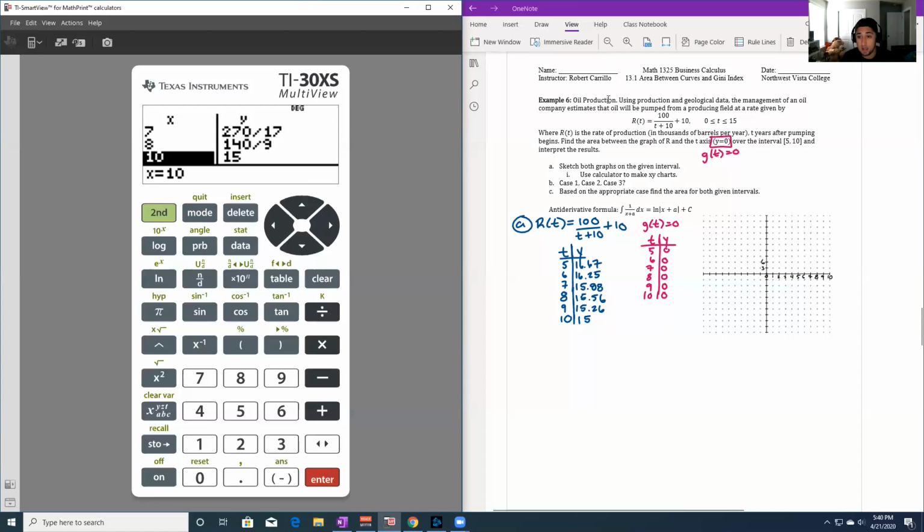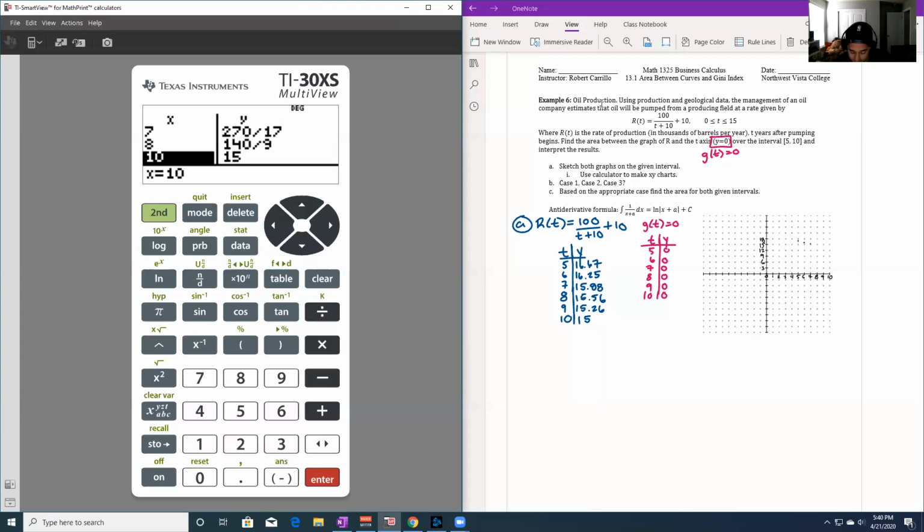Okay. And let's plot. So for the blue one, I am at 5 and 16.67. So 5 and basically 17, I'll put it right there. And then for 6, 16.25, just go a little lower. 7, 15.88. I'll put that right there.